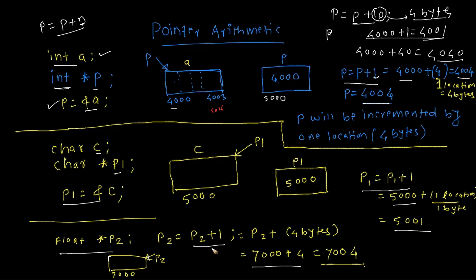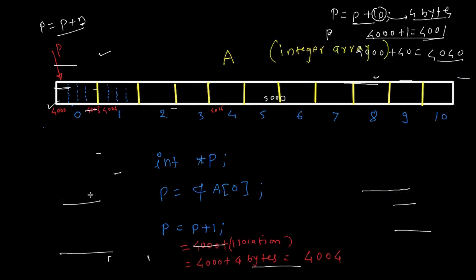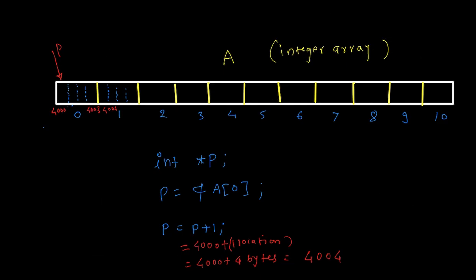Okay. Now let's understand this with an array. We are going to discuss pointers to arrays in great detail later, but just for now we'll see this example of what happens in the case of arrays.